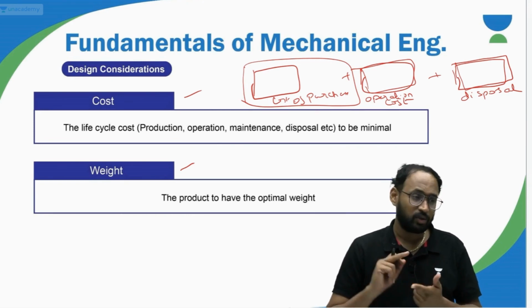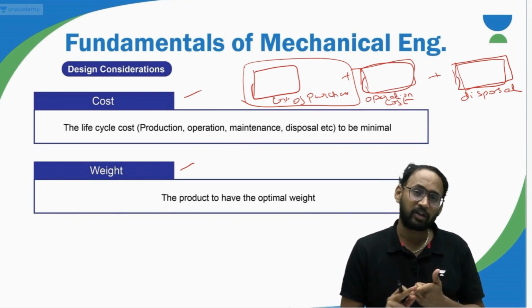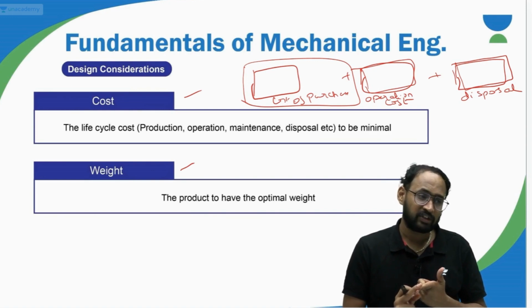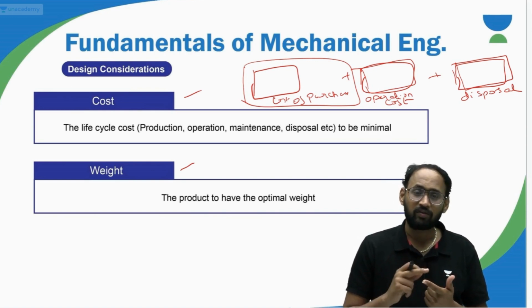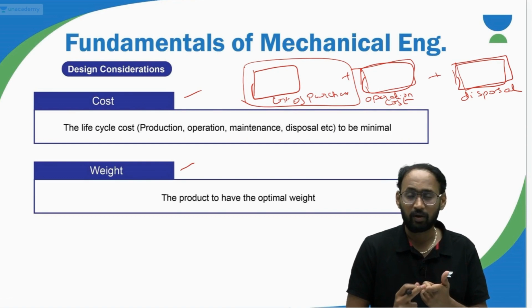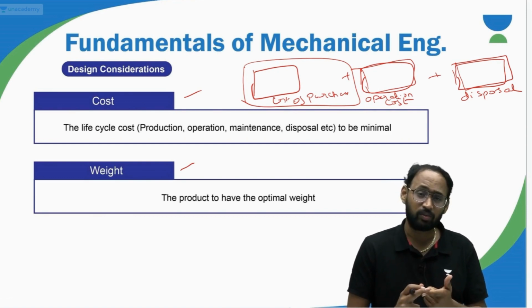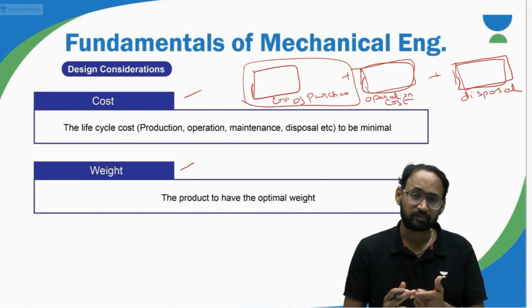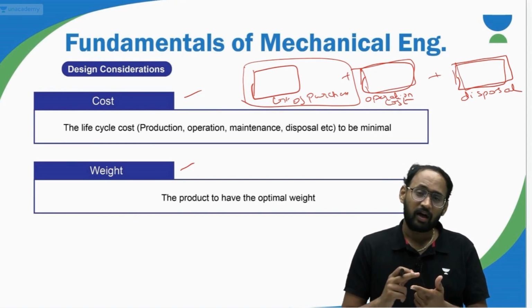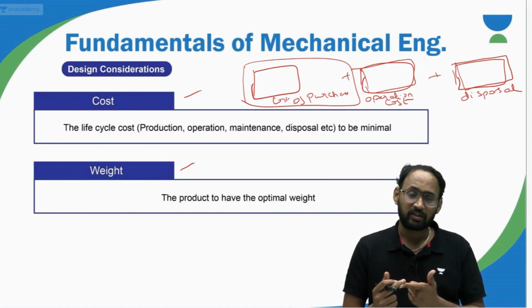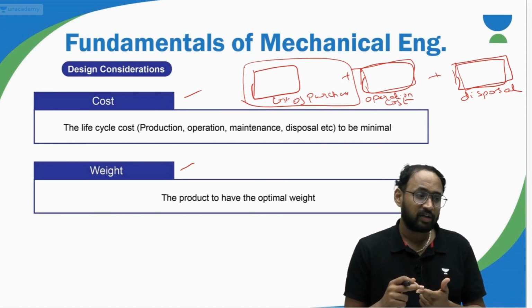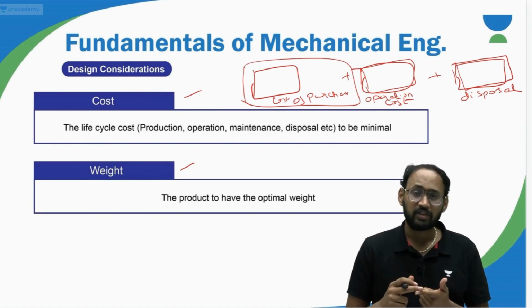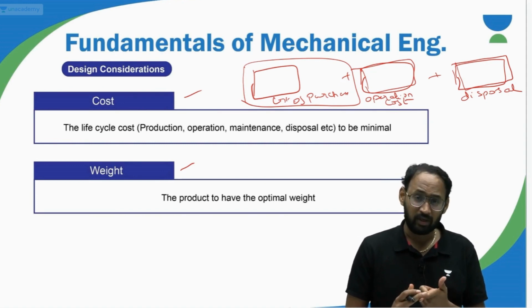In the operation cost, you can think about, for example, the amount of electricity it's going to take to charge your mobile phone. And are there any maintenance costs? Say for example, you get certain software updates which are free or which could be paid.